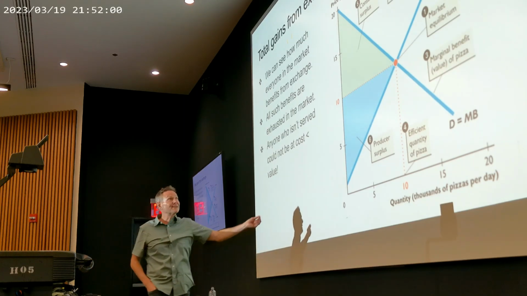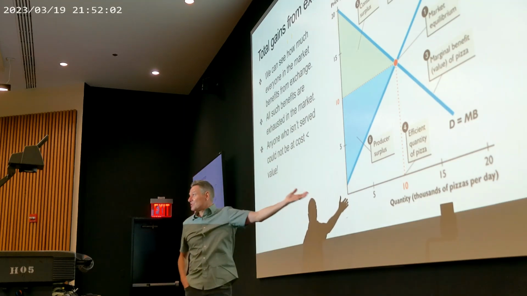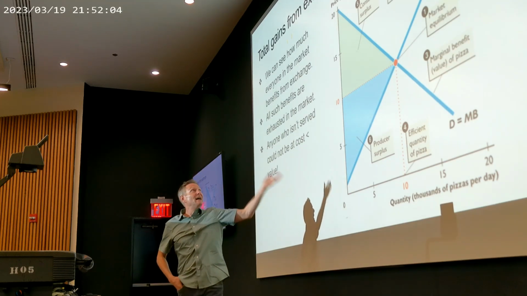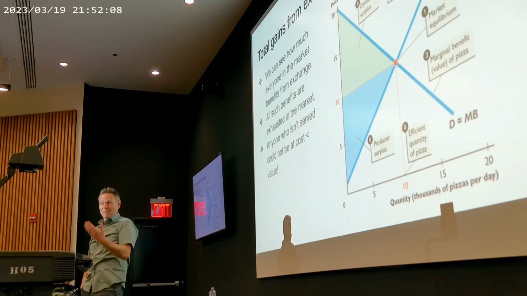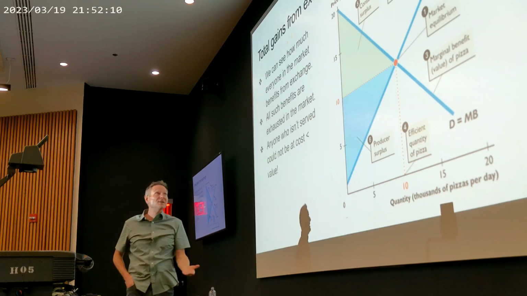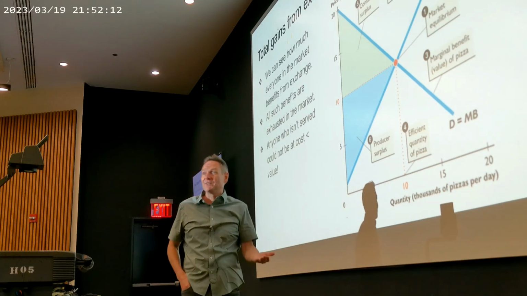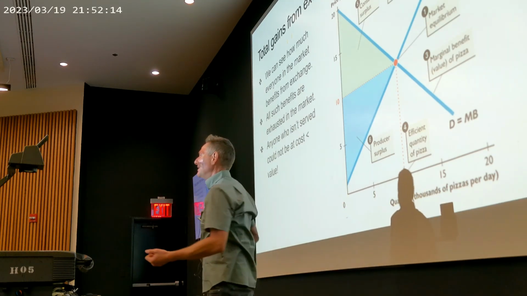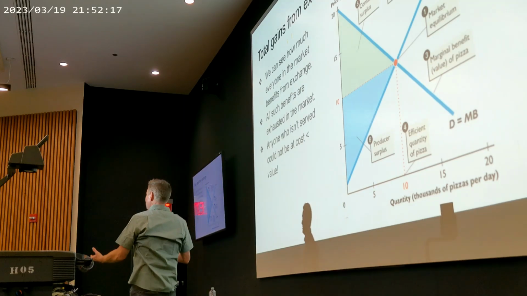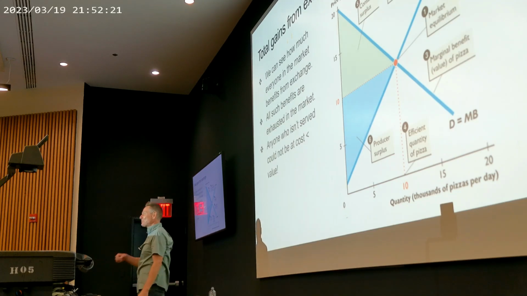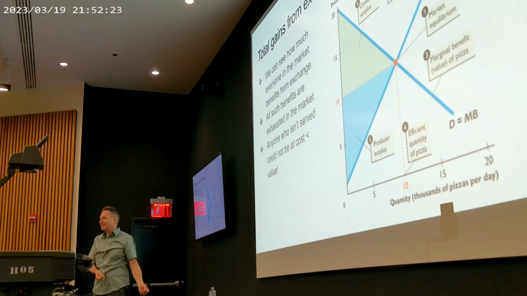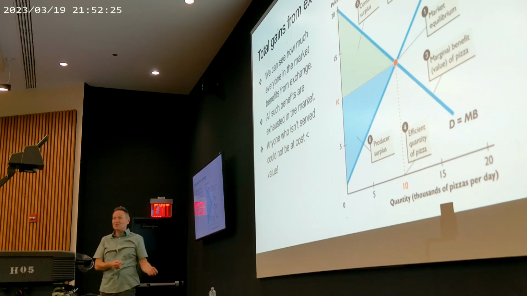When we change policies or put certain policies in place, how do they change these shapes and their sizes? That gives us a means by which we can judge whether a policy is doing good or harm, as the case may be. We're going to be doing a lot of that. Of course, there'll be plenty of objections, but that's part of the point of doing it this way: we know what our model says and what it doesn't say.